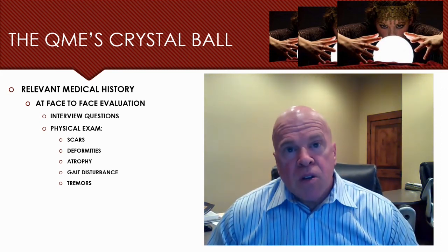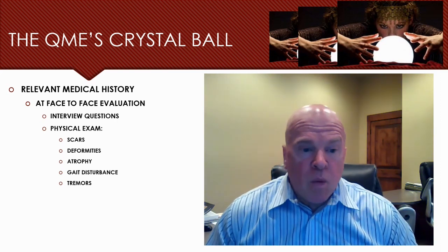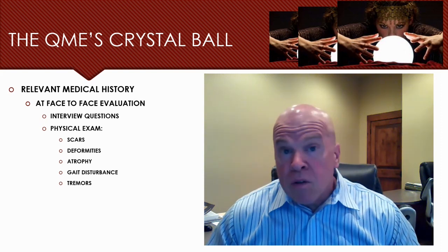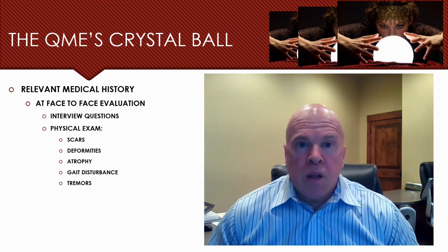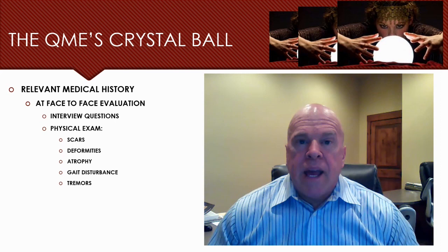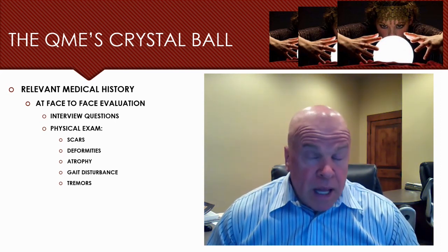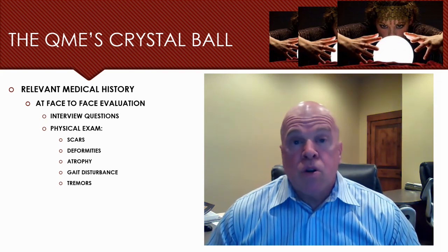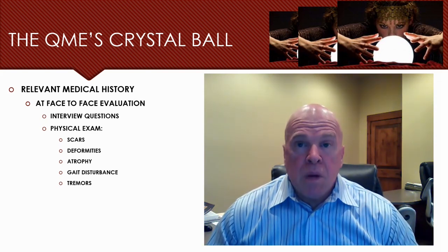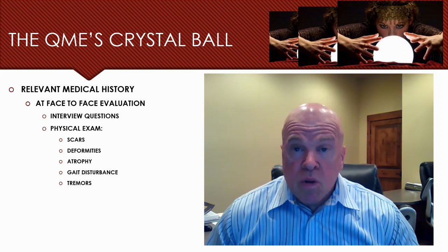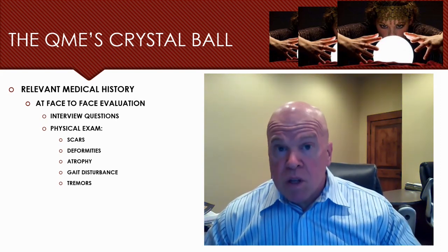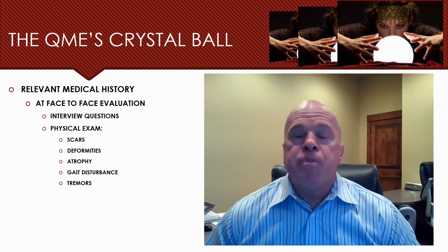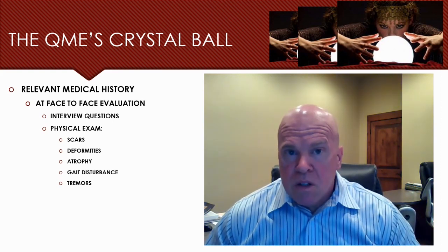Physical exam findings that we can observe with our eyes simply in the face-to-face evaluation would include atrophy, would include the presence of tremors, and certainly when the examinee is ambulating to and from the examination room, a gait disturbance could signal some prior industrial injury that overlaps the current claim for industrial injury that could be relevant in your final opinions and conclusions.